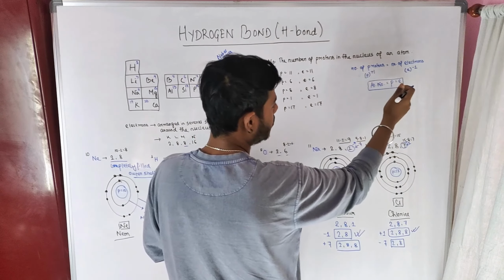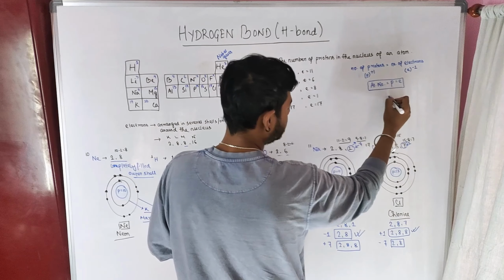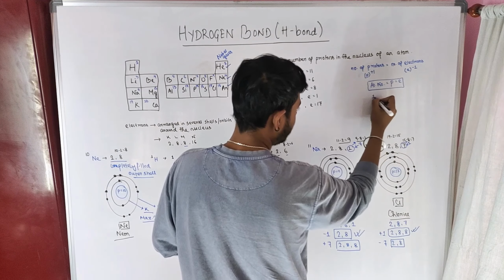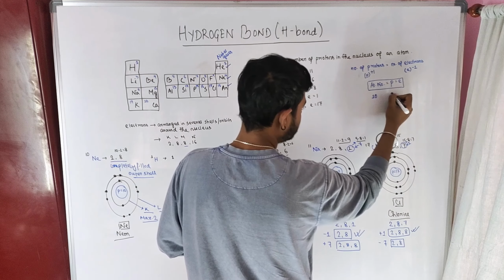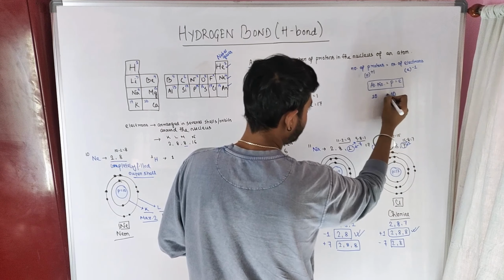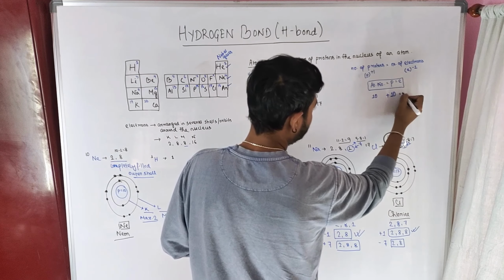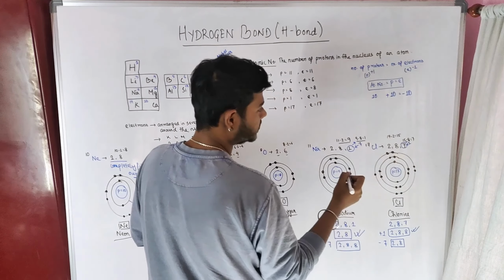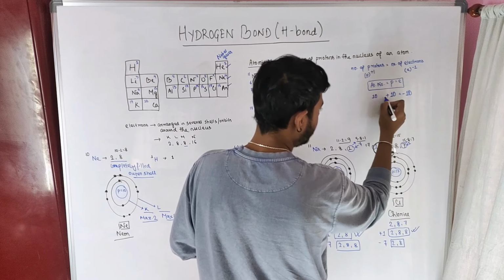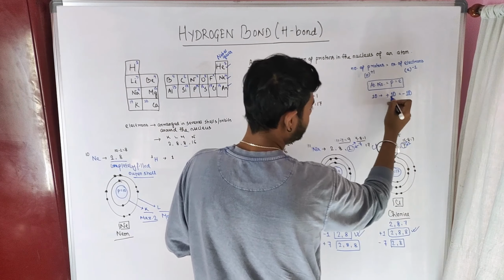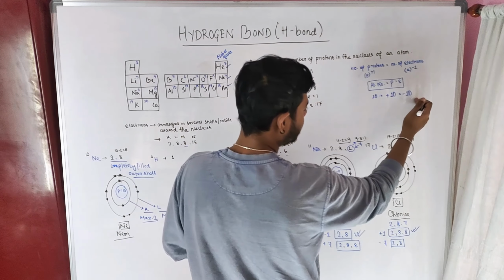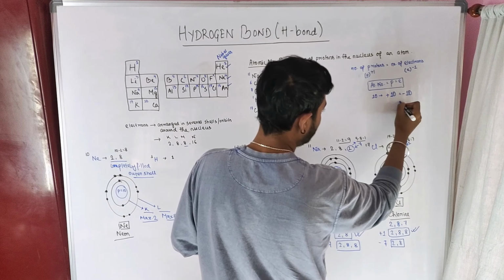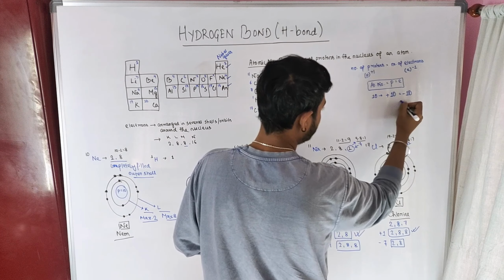Since the number of protons and electrons are balanced, say if an element has atomic number 10, it has 10 protons, which means 10 positive charges, which is equal to 10 electrons or 10 negative charges. So the 10 positive charges are balancing the 10 negative charges. So the overall charge of the atom is 0.